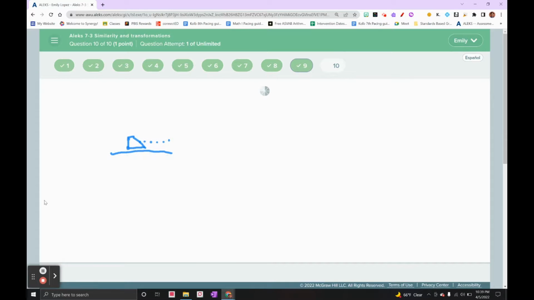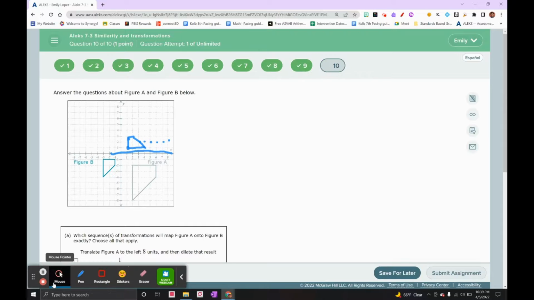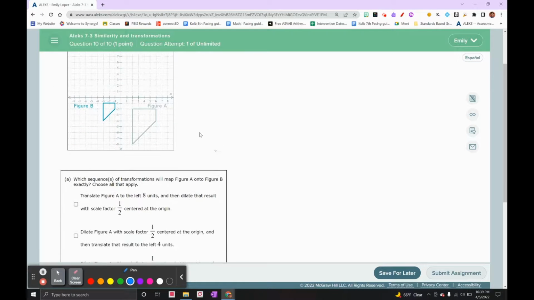All right, last problem, problem number 10. Which sequence of transformation will map figure A to figure B exactly? Choose all that apply. Translate figure A 8 units to the left, and then dilate the result by scale factor of 1/2 at the origin. So 8 units to the left: 1, 2, 3, 4, 5, 6, 7, 8.